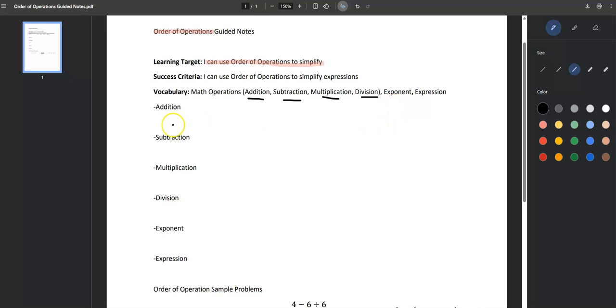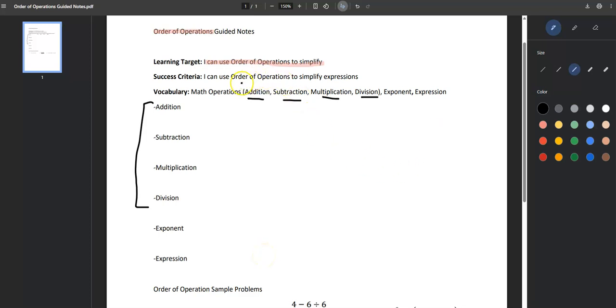If you really break it down, everything kind of comes back to addition, we're just really adding everything. So those are our different vocab words: these four base operations, and then exponents and expressions.